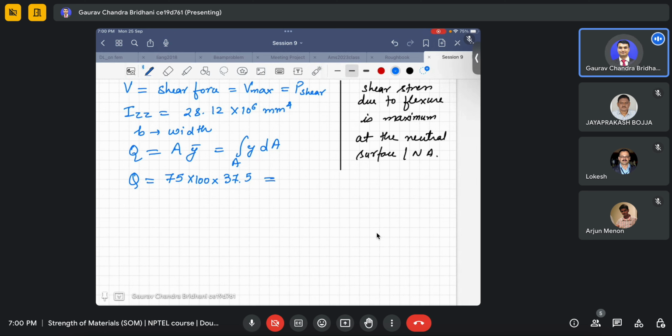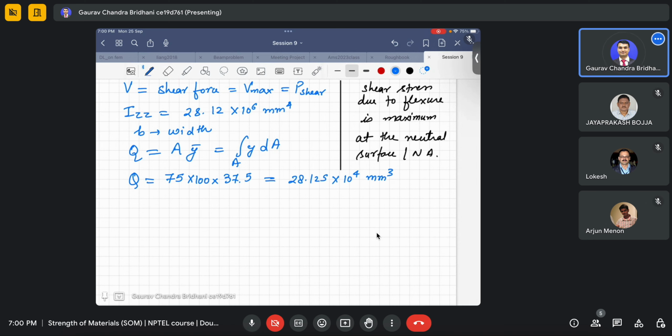If you can calculate this, what will it be? It is 28.125 into 10 power 4 mm cube.